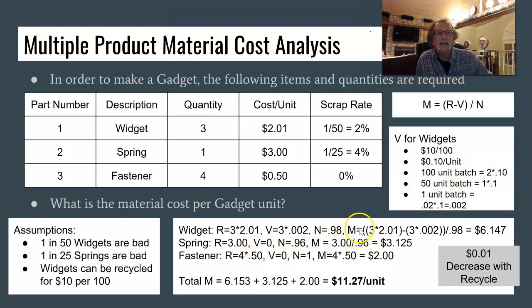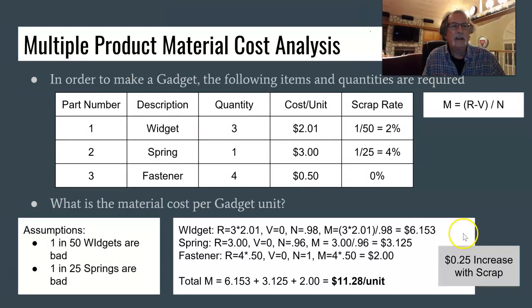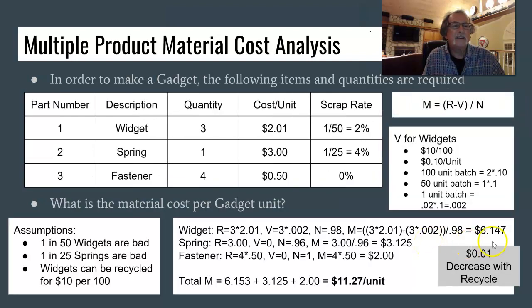So now we can calculate our recycle value per unit. Remember, this 0.2 of a cent is per unit. We have 3 units, so on average we're going to get 0.6 of a cent. So the price of our widgets has decreased from $6.153 to $6.147.